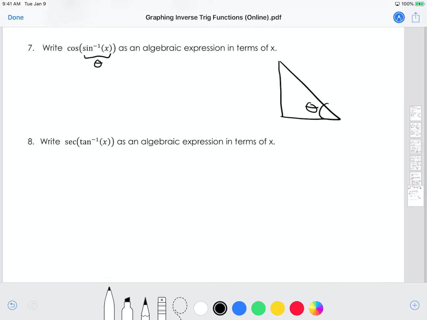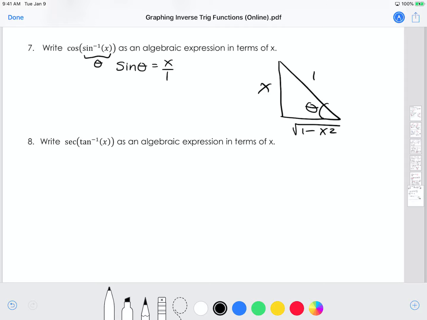So since sine of theta is equal to x over 1, and sine is opposite over hypotenuse, I can find this other leg by using Pythagorean theorem. So it would be 1 minus x squared and then take the square root.